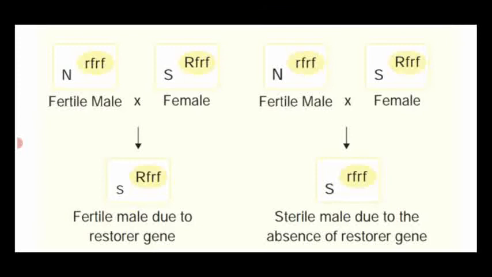See the first one, a fertile male with a normal cytoplasm and a sterile female, denoted as capital R. So the F1 generation are sterile cytoplasm with RF and RF, so the male is fertile due to the restorer gene.